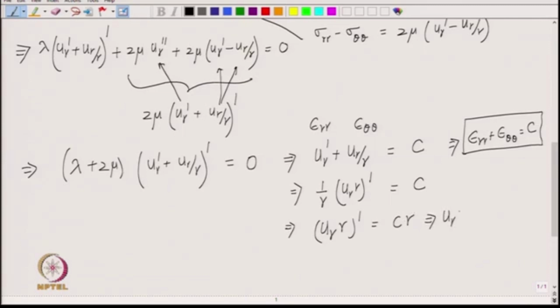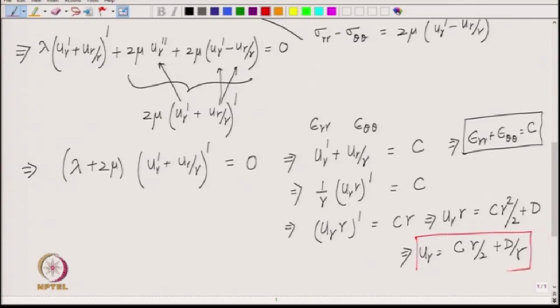So, u_r into r then becomes c into r square by 2 plus another constant d, and finally u_r then becomes c into r by 2 plus d by r. So, we have gotten the formula for u_r already, but in terms of the constants c and d.